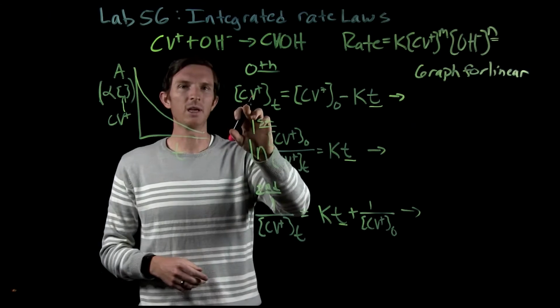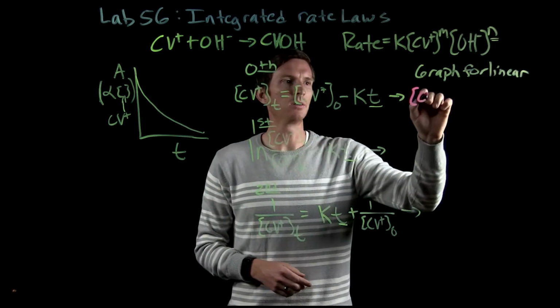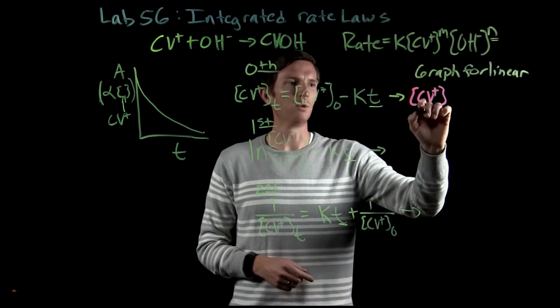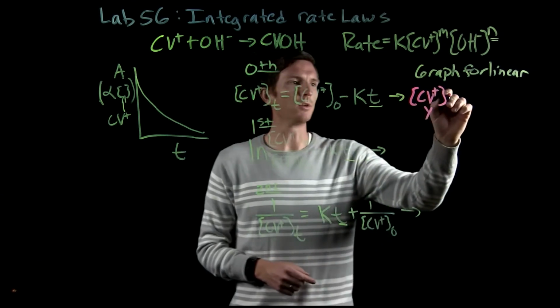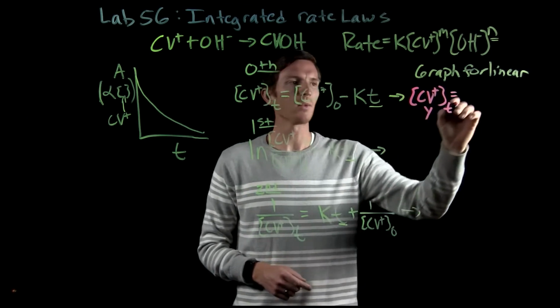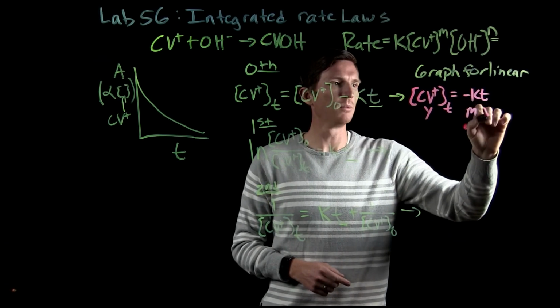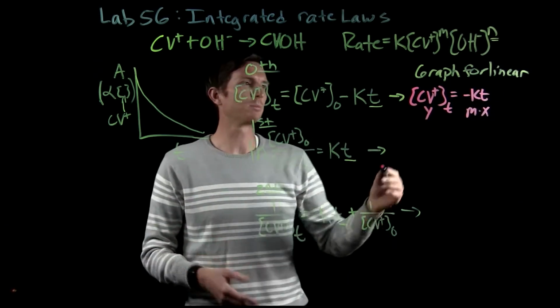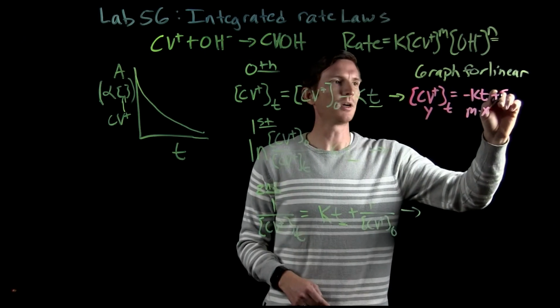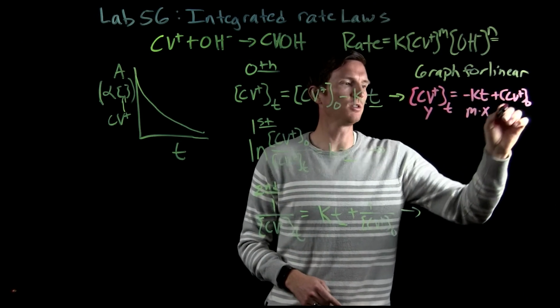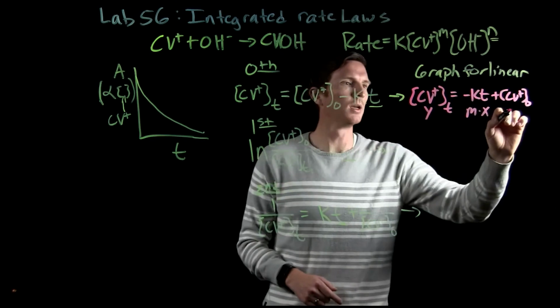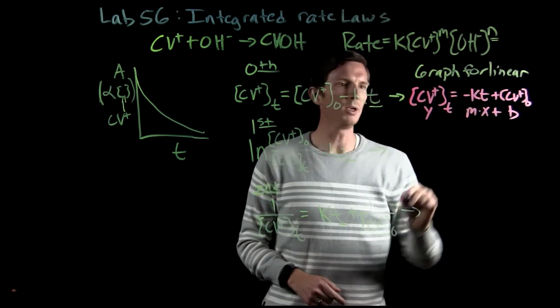Okay, well, we could say this is y, so that would be our CV on the y-axis, equals, at some time, our negative kt, so that would be m times x, because we want to get mx plus b, plus the concentration of our crystal violet initially, and that would be our b value.